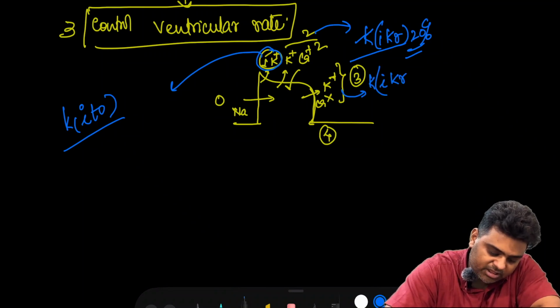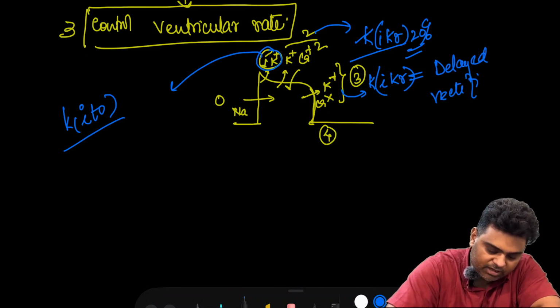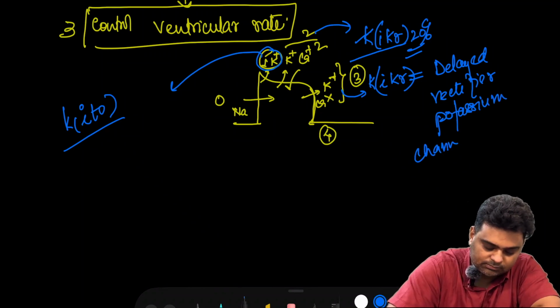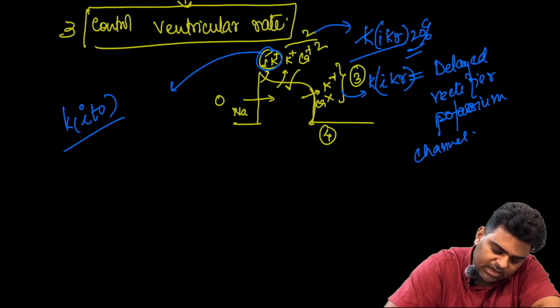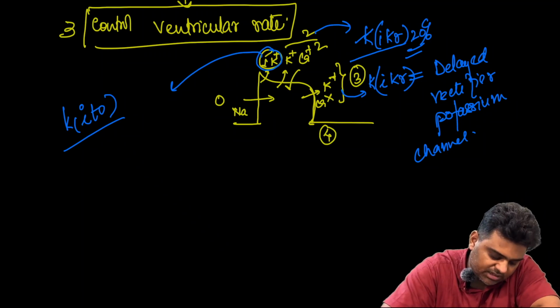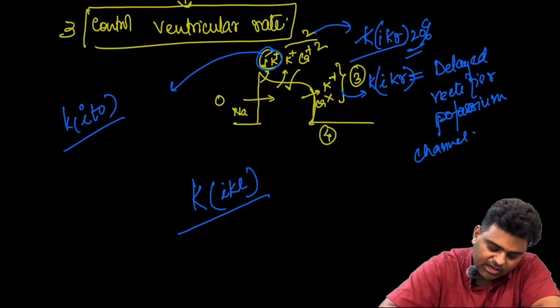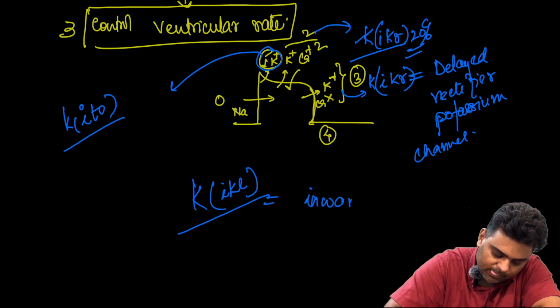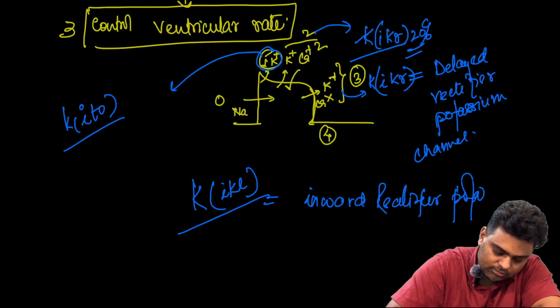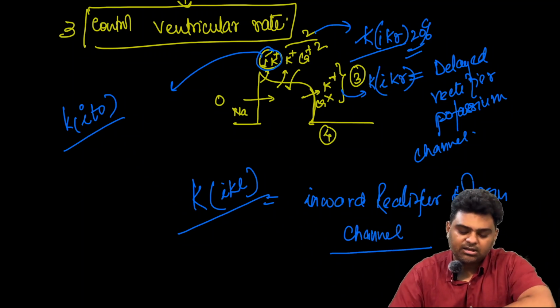And these IKr are known as delayed rectifier potassium channels. Then there is a third potassium channel that is known as IK1. They also open after phase 3, and these are known as inward rectifier potassium channels.